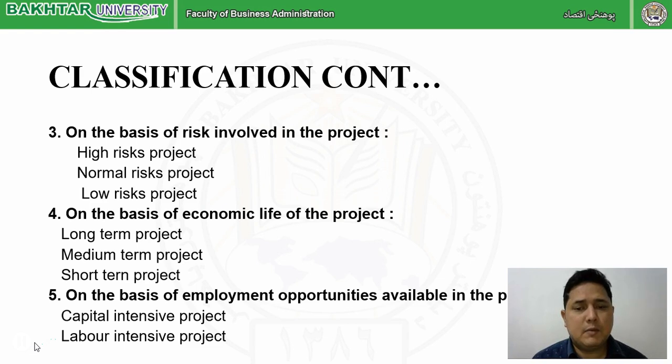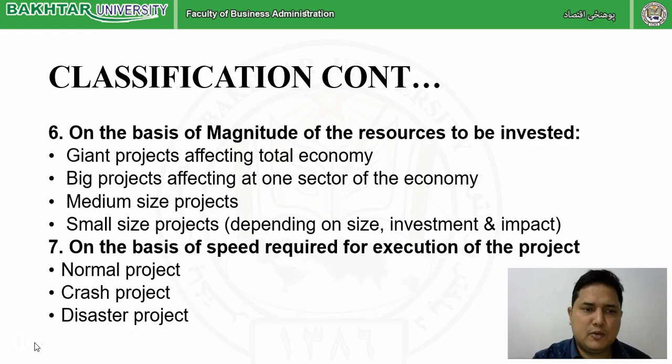So this type of project is called a capital intensive project, where less labor and more capital is required. And labor intensive projects, like the construction of a building, require more people to work on that building, but less capital compared to capital intensive. So construction and manufacturing industries have labor intensive projects, while the service industry has capital intensive projects.